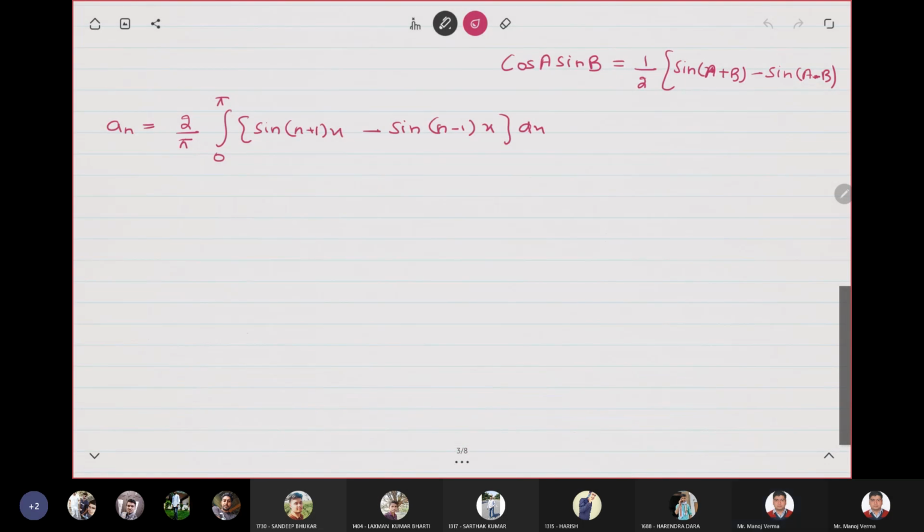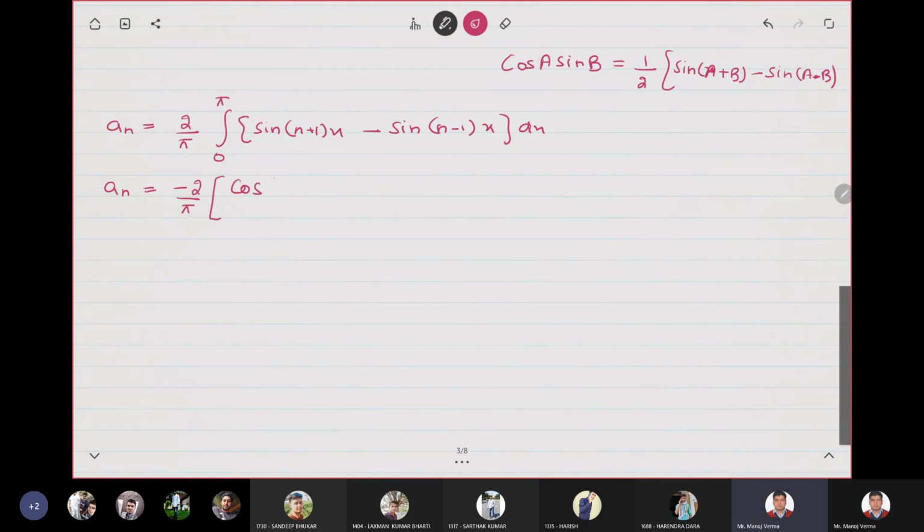Okay, so if I perform the integration, an will be equal to, I am taking a negative outside because both of the terms will give me a negative sign. Integration of sine something will be minus cos something. So I am taking a negative outside, and in the integrations I will not take it.